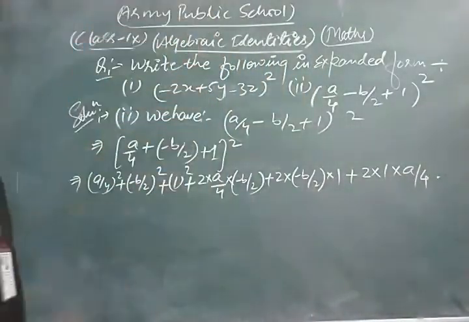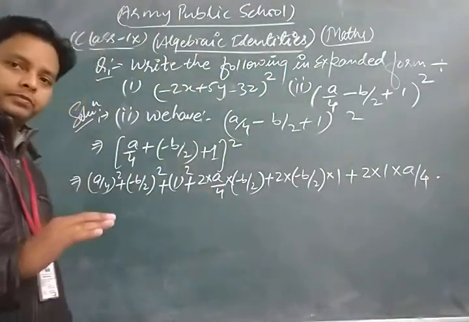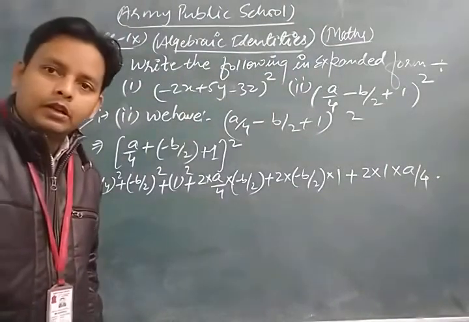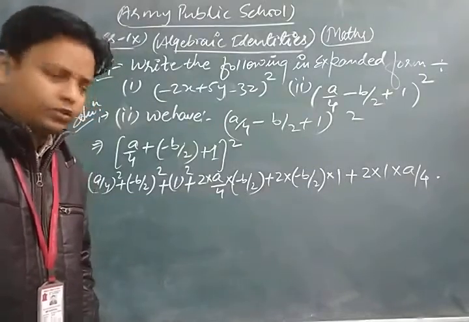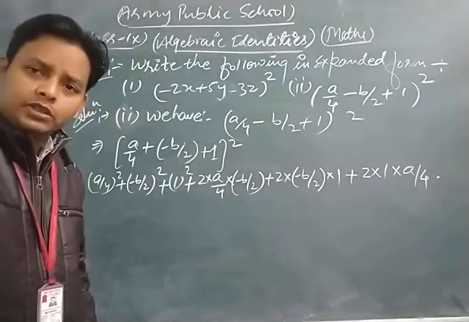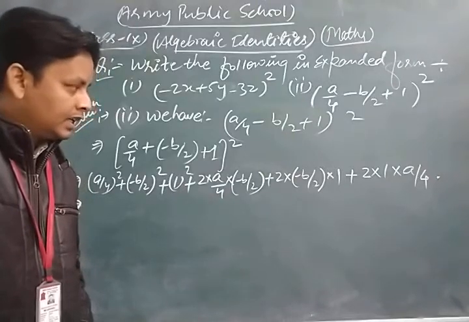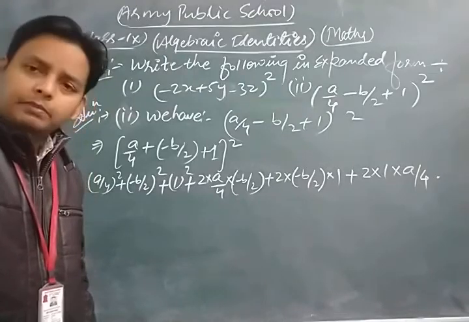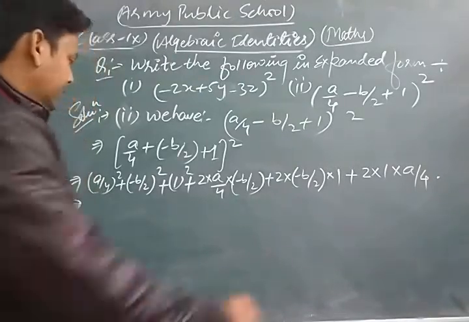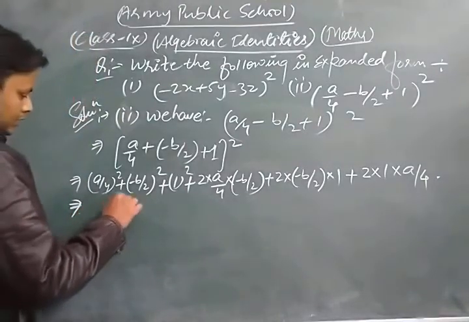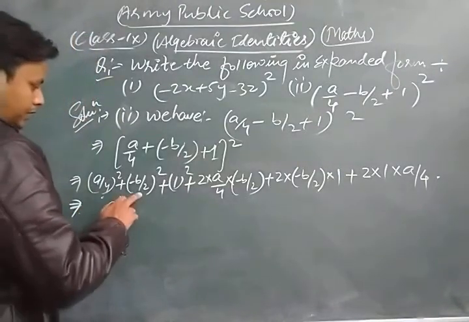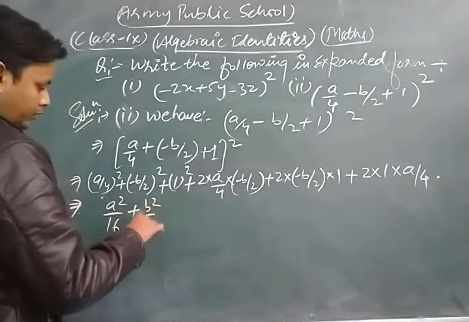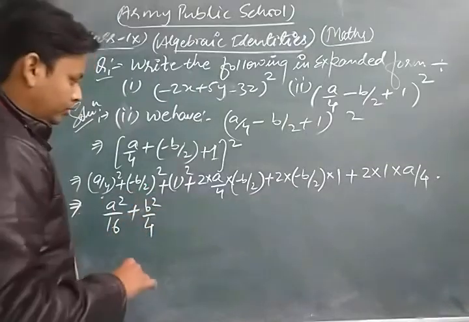So dear students, this is the question here. We know the identity (a plus b plus c) whole square means a square plus b square plus c square plus 2ab plus 2bc plus 2ca. Now we just simplify them and we get our result. A by 4 squared is a square by 16, plus b square by 4, because the square of a minus is plus.